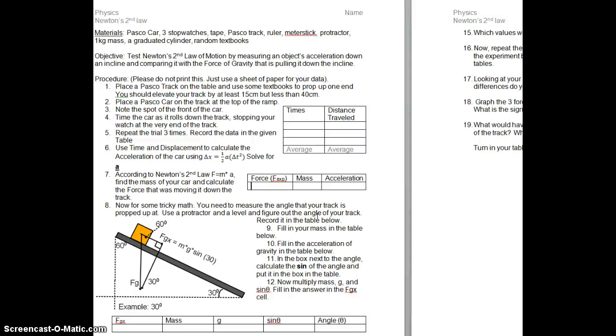Then where the 0 mark is on your protractor, put the level so it runs through there, and use the level to run directly vertical. With that being directly vertical, the straight edge of the level will run down and show you what angle it says.